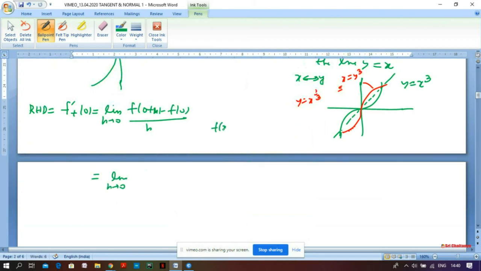Remember, f of x was x to the power 1 over 3. So you have h to the power 1 over 3, minus 0, upon h. So limit h tending to 0 of 1 over h to the power 2 by 3. And this limit we know does not exist, and of course we are perfectly justified in writing it equal to infinity.